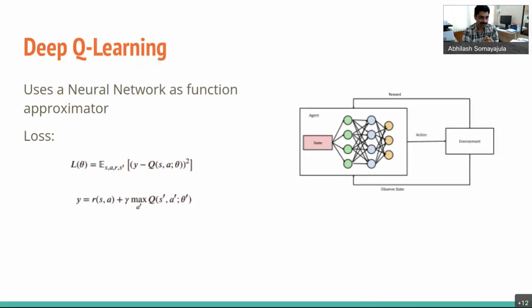So there are these three things. One is our replay buffer from which we are sampling these transitions. One is this target network, which is not as frequently updated as the original network. Correct.